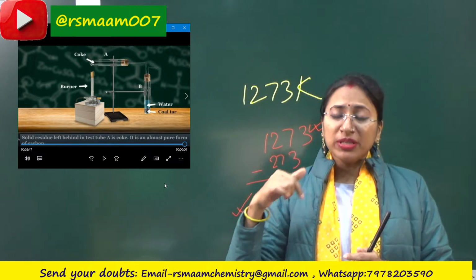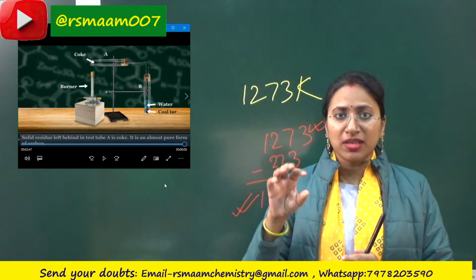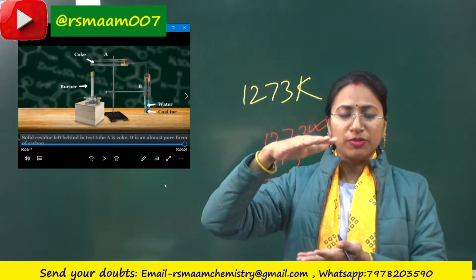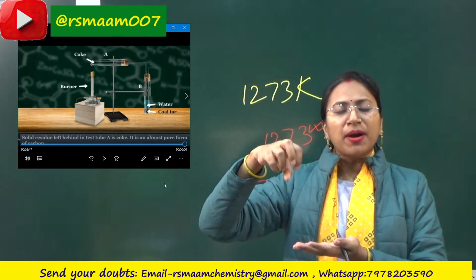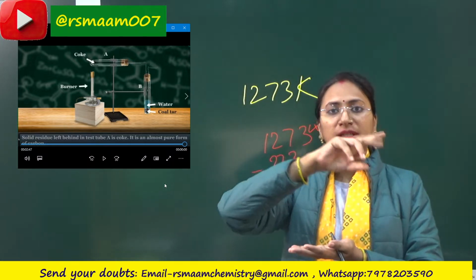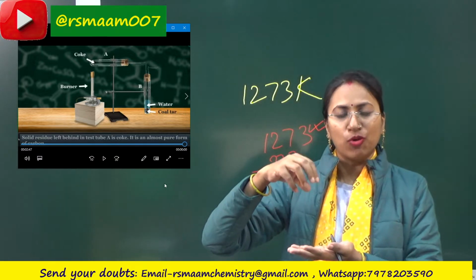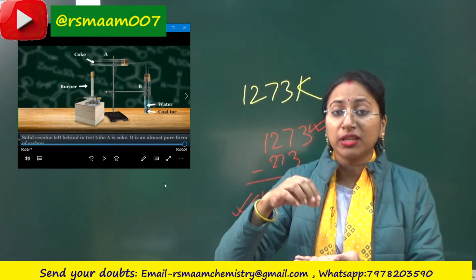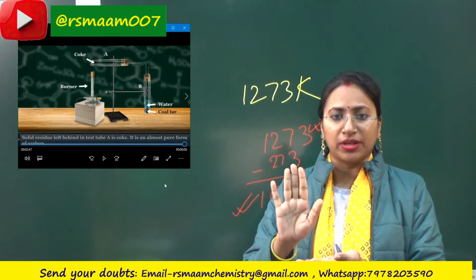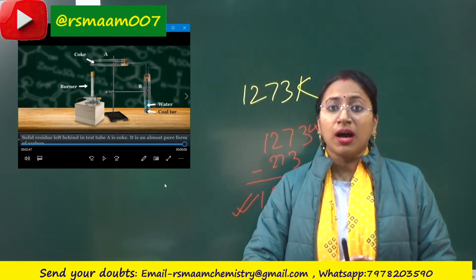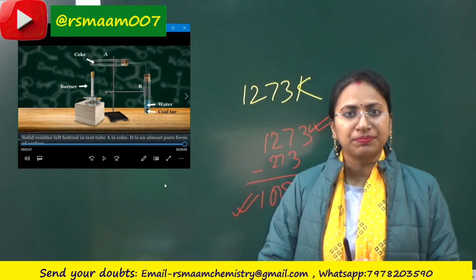There will be some liquid part also. Some part from the coal will mix into the water we have taken there, something miscible mixed inside the water. That part is known as ammoniacal liquor solution.